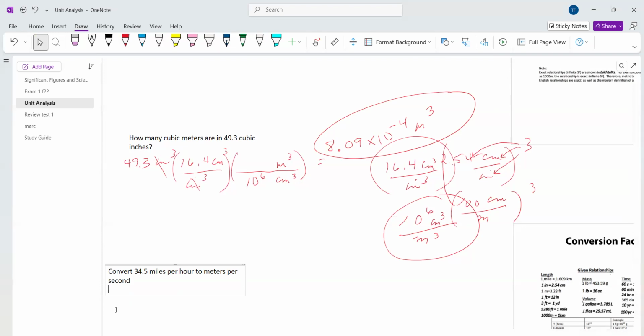Why did I cancel out? You mean on the 49? Because that's already been cubed.